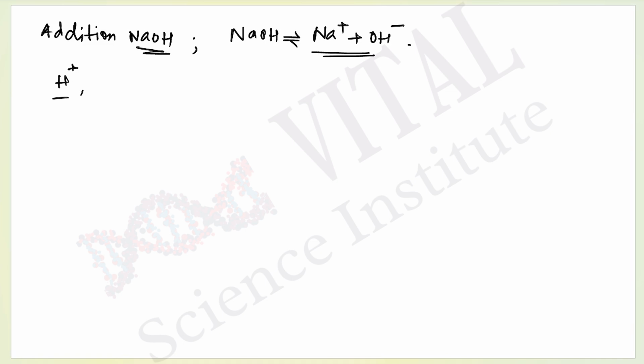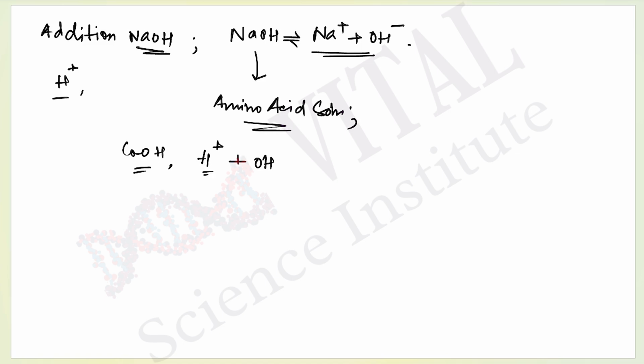How come? For this, I would like to make it clear that NaOH breaks down into Na plus and OH minus. Whenever this NaOH is added drop by drop into the amino acid solution, the H plus from the COOH reacts with the OH minus from the NaOH, and hence water is formed.